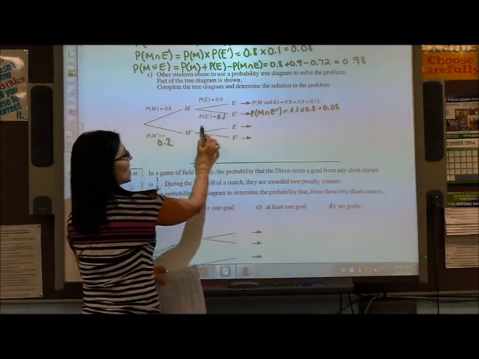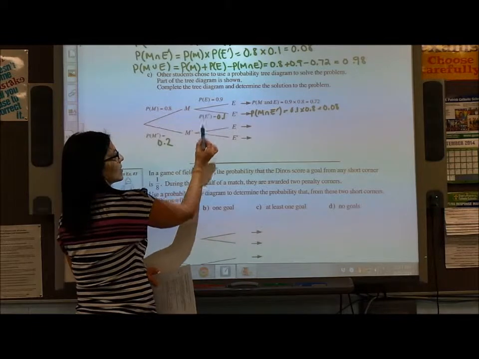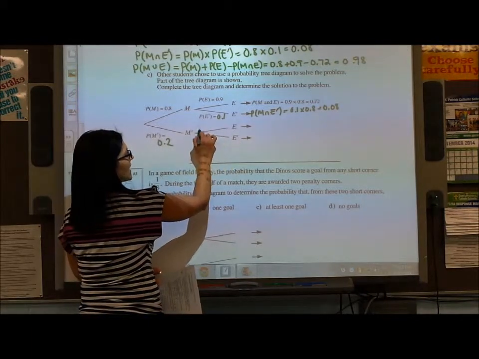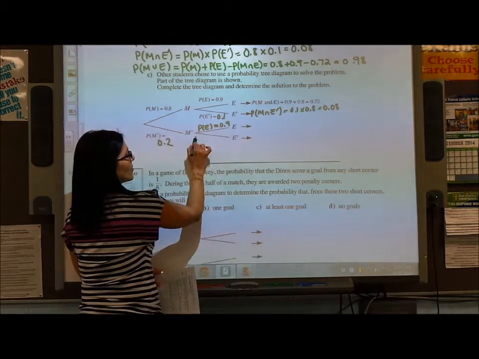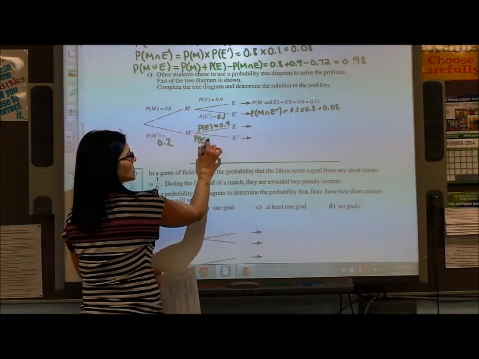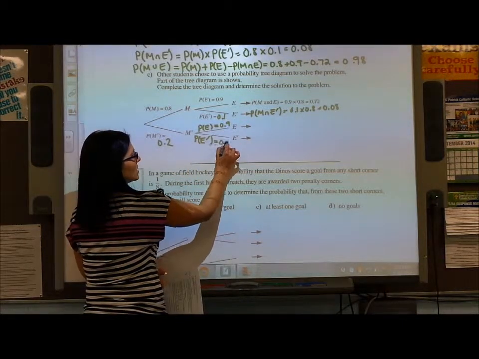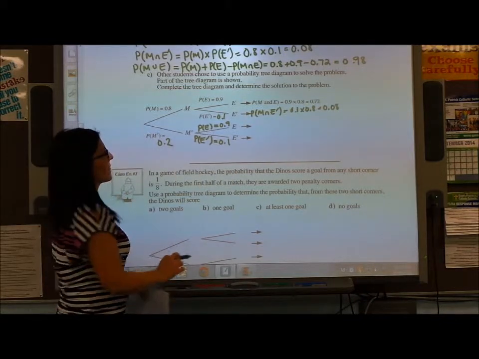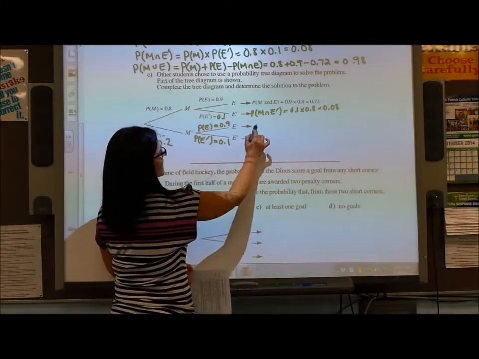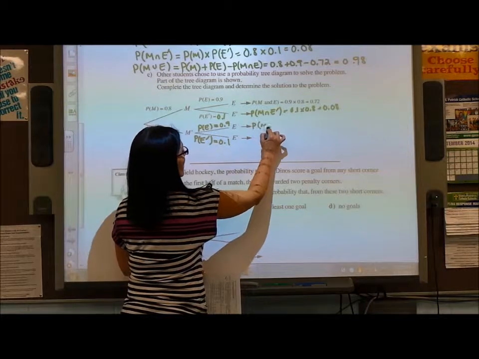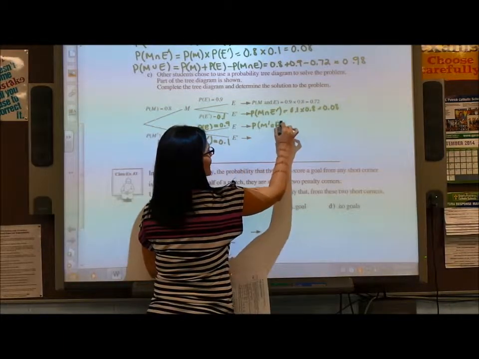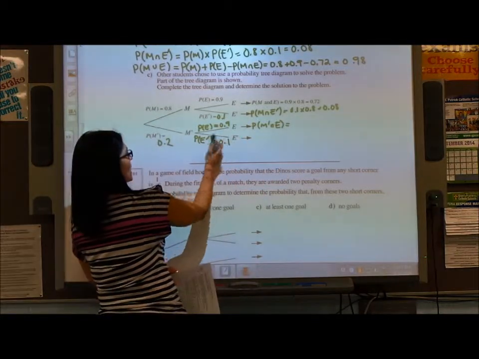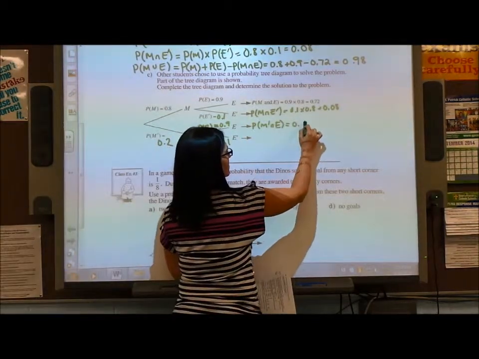Then down here we have the same outcomes that we had up here. The probability of passing English is 0.9. The probability of not passing English is 0.1. So the probability that she does not pass math, but she passes English is 0.9 times 0.2.